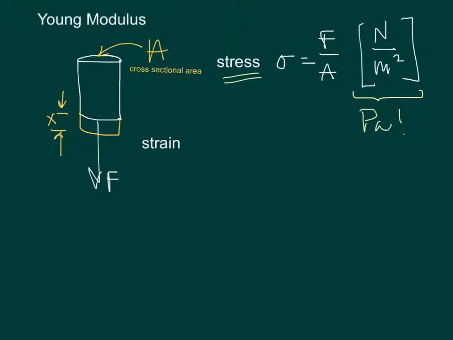So the strain now is written as your extension over your original length. So your original length was here, and now it's extended by this x, and you write it here. Now you'll notice you've got a distance and a distance, so there are no units here, which is quite important.